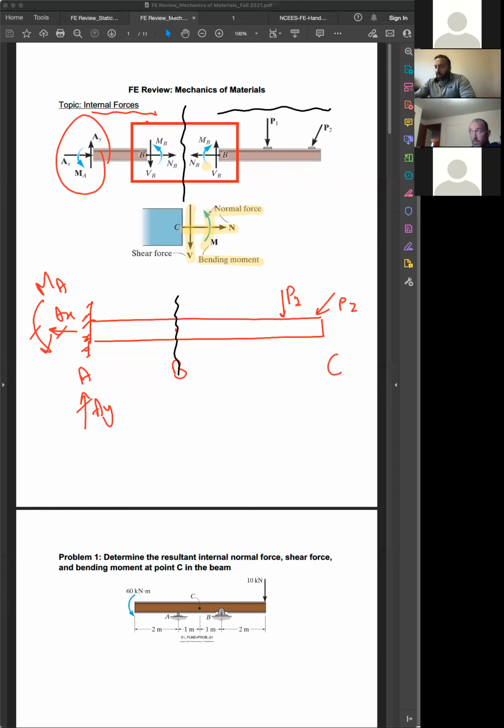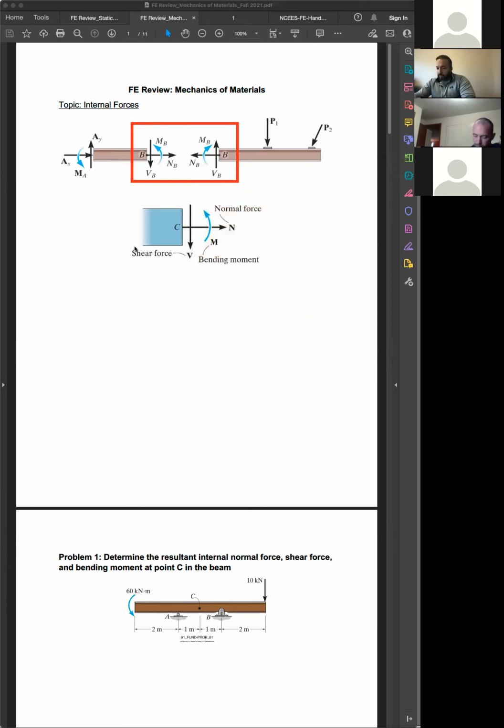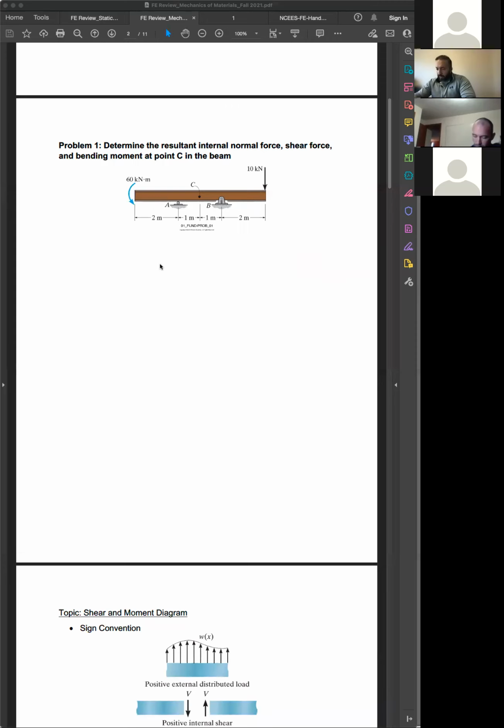Let's look at what it means to find the internal forces at any location if you have a real example to deal with. Let me erase this and go down here.